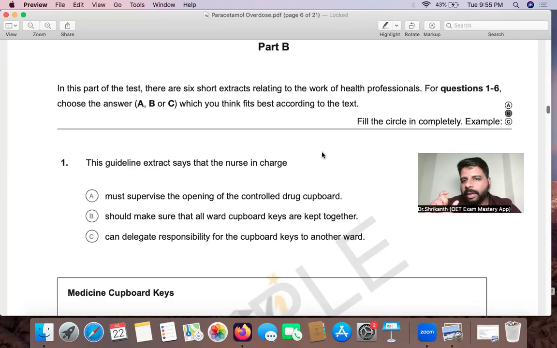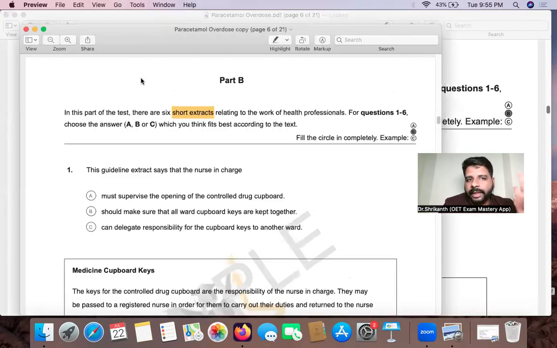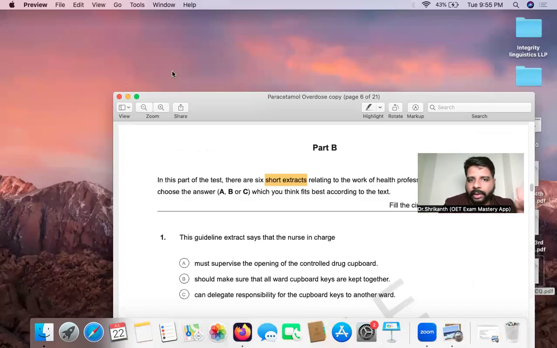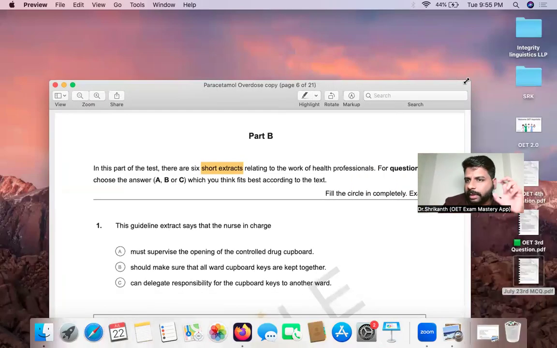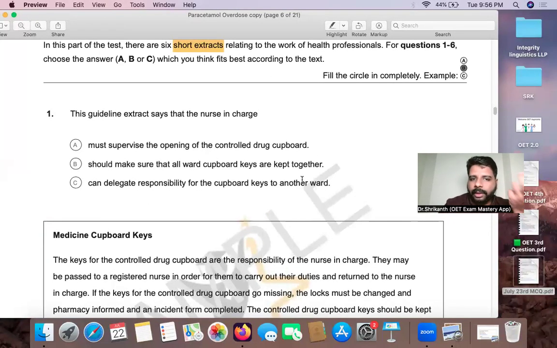Reading part B are basically short workplace extracts. You need to read the workplace documents, short extracts. From a very long, lengthy document, they will take short excerpts. Then you have to go through the questions and answer options, and whichever answer option you feel is the right answer, you have to choose.